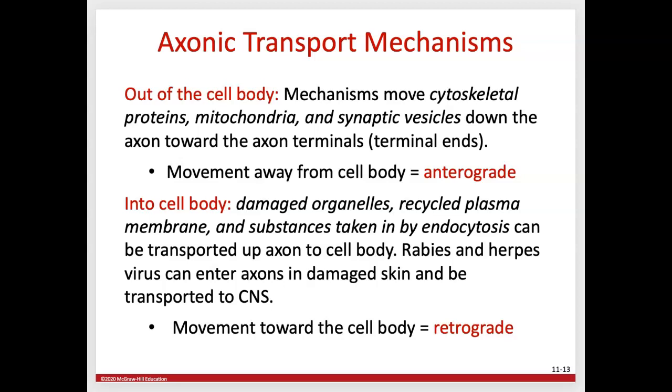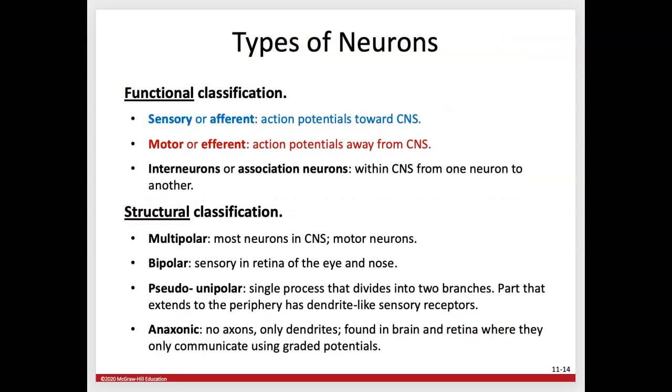Now I want to stress that this is materials, not a signal. Signals can only go one way in a neuron. Materials within the cell are going to move around, and that's for survival of the cell more than anything. And those can go both ways, using whatever mechanisms are built in.